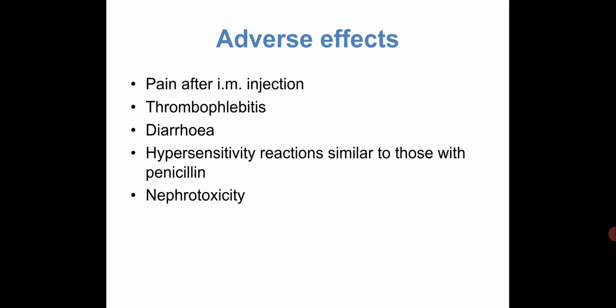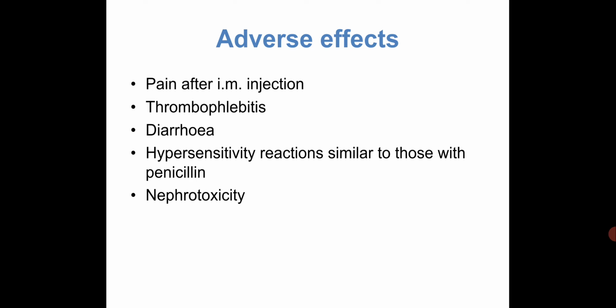If we see the common adverse effects of these cephalosporins, most of the drugs are injectable, some are oral. Those which are injectable, if given by the IM route, there is pain at the intramuscular injection site. Okay, if we give the intravenous route, there is a chance of irritation of the vein or thrombophlebitis.